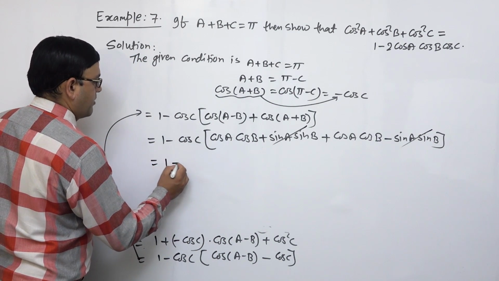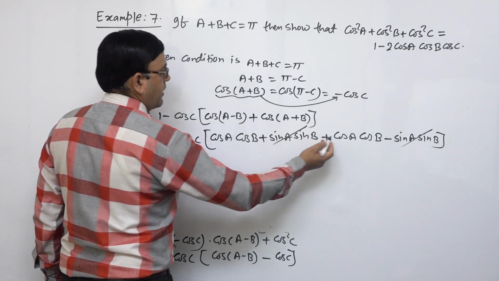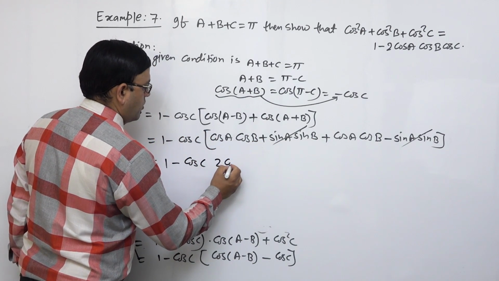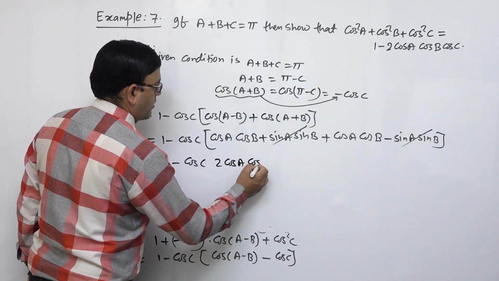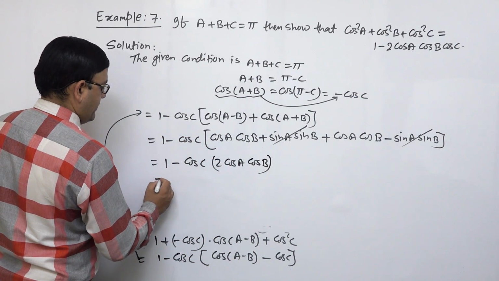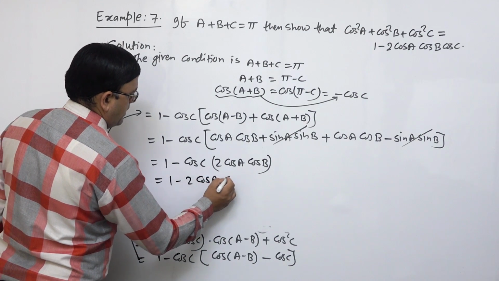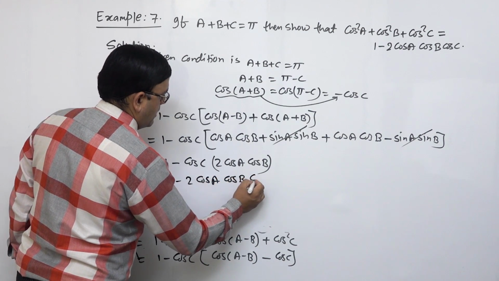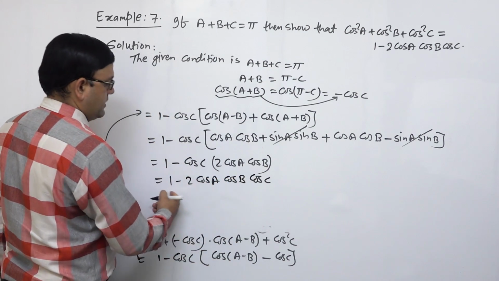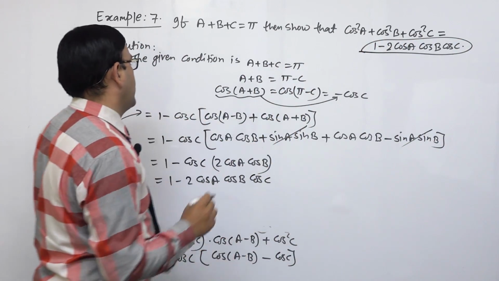So this is equal to 1 minus cos C times cos A cos B. Cos A cos B twice is 2 cos A cos B. So this is equal to 1 minus 2 cos A cos B cos C, which is what we have here on the right side.